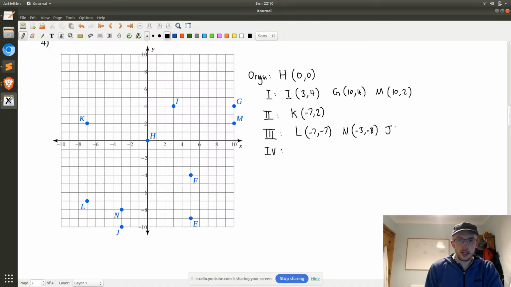And J is -3, -10. E is 5, -9. And F is 5, -4.